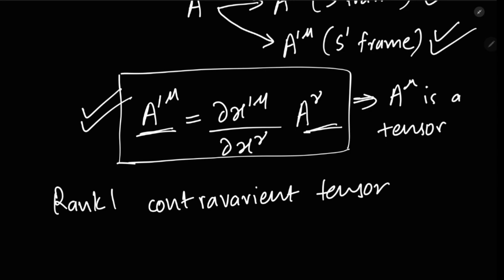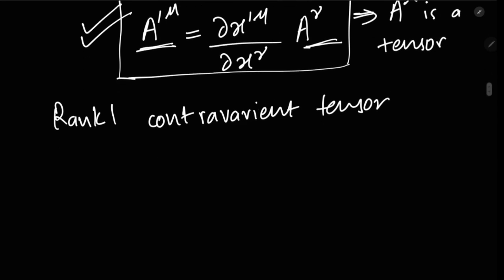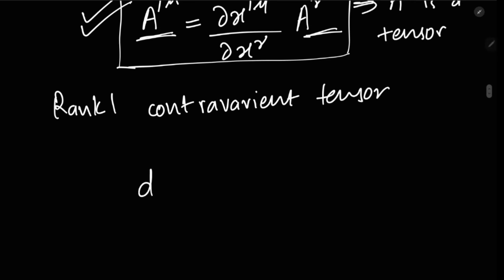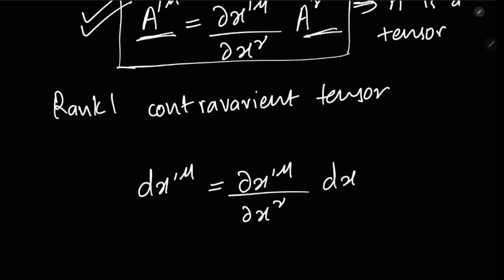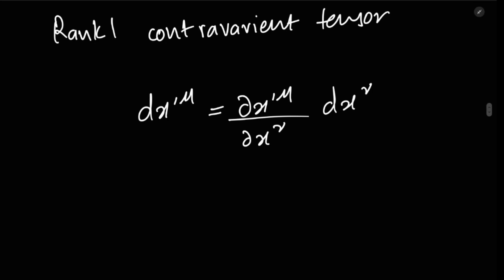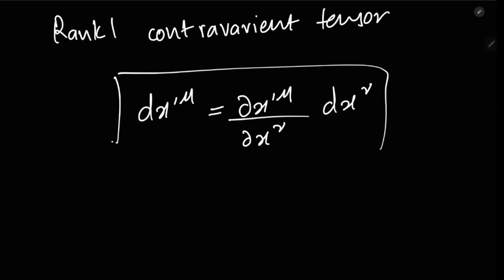Now let's take an example of this. So we have dx prime mu over here, and by the chain rule of calculus, this can be written as del x prime mu upon del x nu dx nu. This is just from the chain rule used in calculus. You can refer to it in some calculus text if you don't remember it.